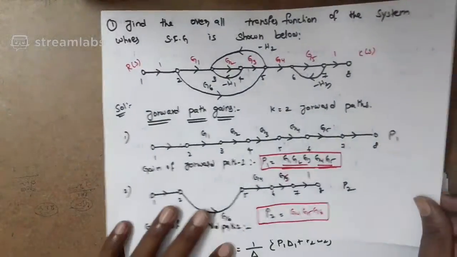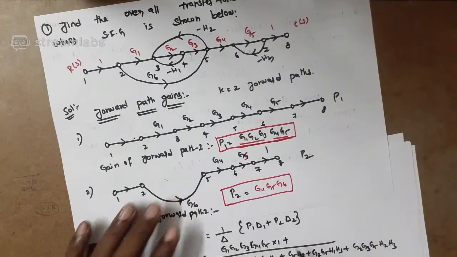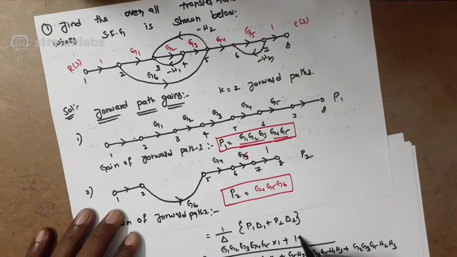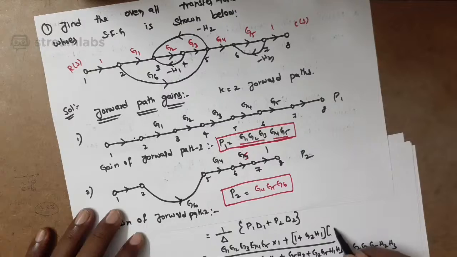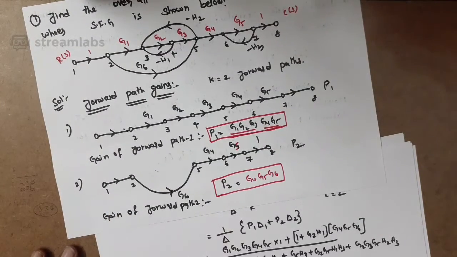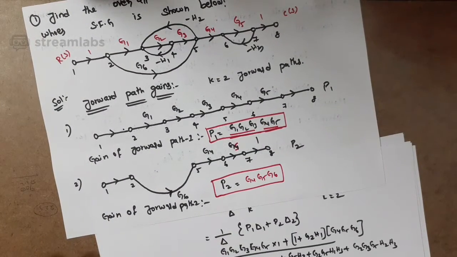and plus P2 is equal to, so 1 plus G2 H1 into, so delta 2 value into P2 value is G4 G5 G6. So this is the overall transfer function. After solving this, what do we get?